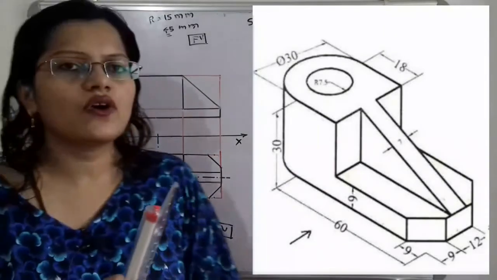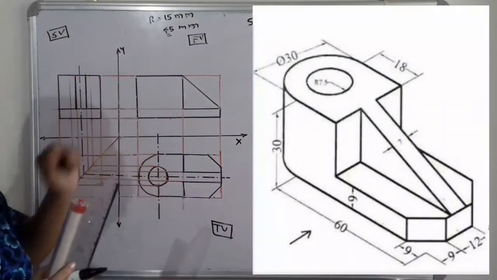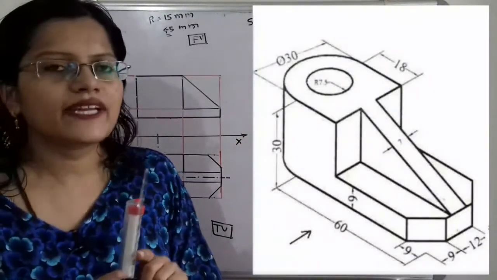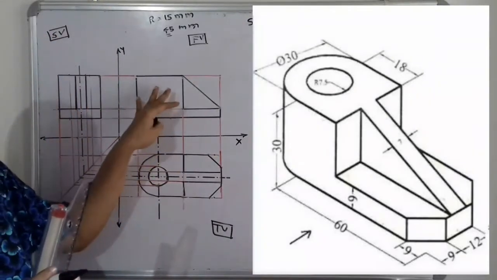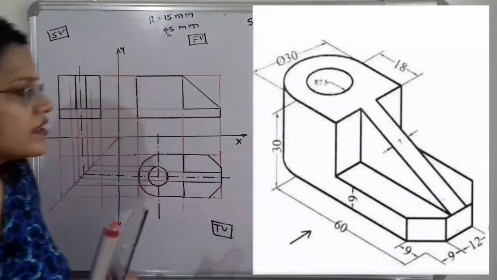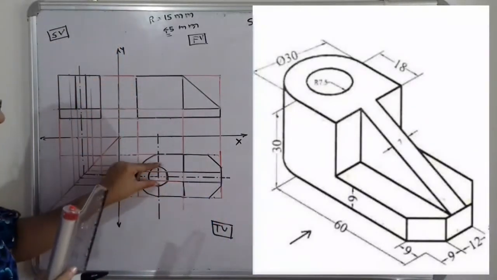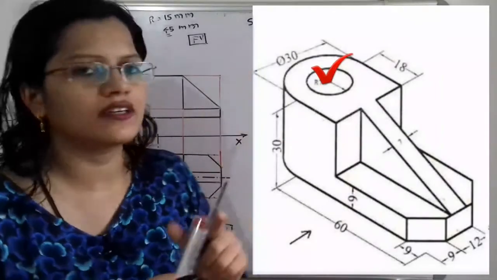Now there is the hole. So this hole we can observe from this top view only, but we cannot observe it from the side view and we cannot observe it from this front view. So how to show it? So this hole exists all along its height. So this hole is having height 30 millimeter.